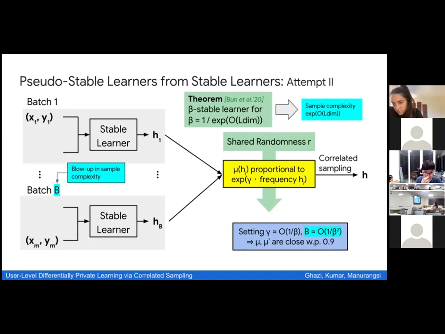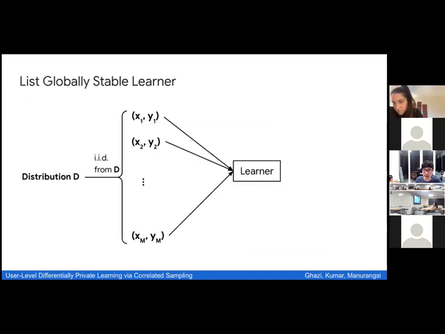And the way we fix this is we are going to use yet another extension of the stable learner, but this time not extending through the use of public randomness, but through the fact that you allow the learner to output a list of a certain size, and here we call it a list stable learner.